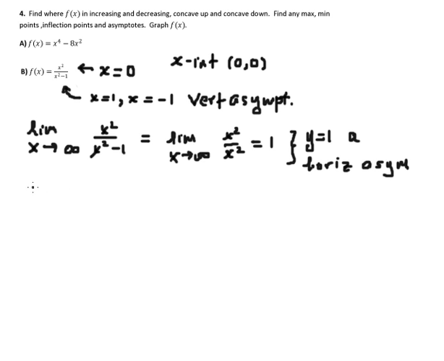Okay, now let's go on to f prime of x. Taking the derivative, we use the quotient rule here.